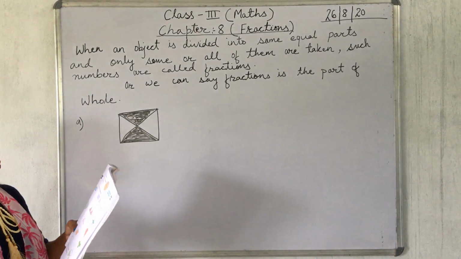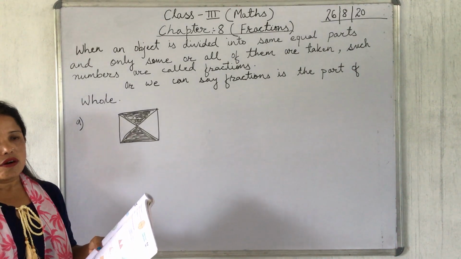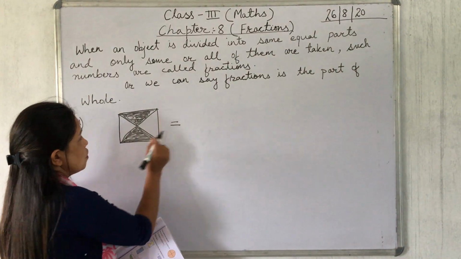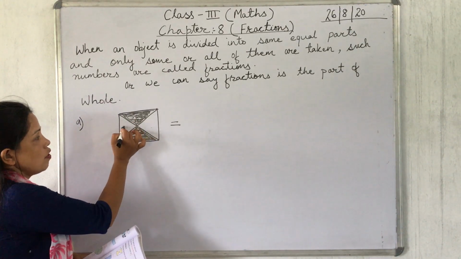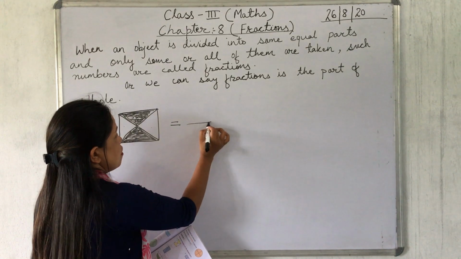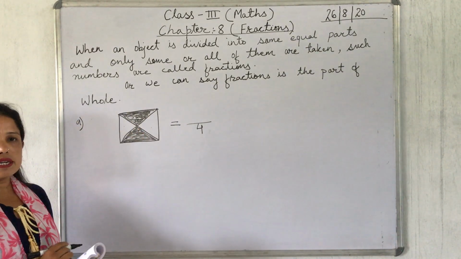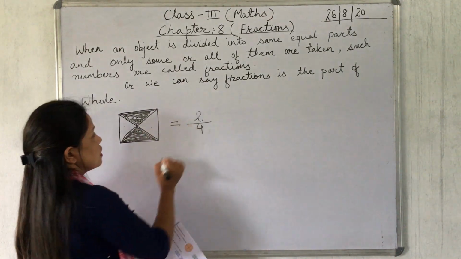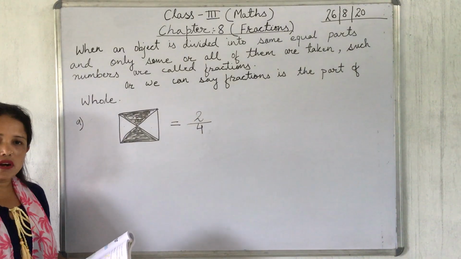Understood? So you have to write the fraction of this shaded part. Now, how will you write? I have told you, how many total parts are there? 1, 2, 3, 4. Right here, 4. Understood? So, how many parts are colored? 1, 2. So, right here, 2. This is 2 by 4, the fraction of this figure.